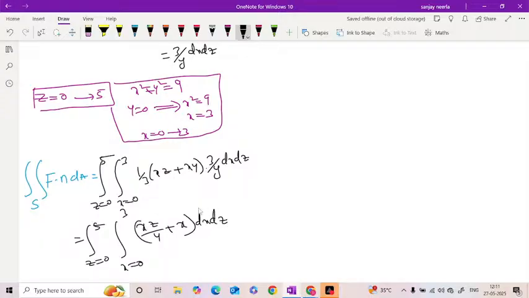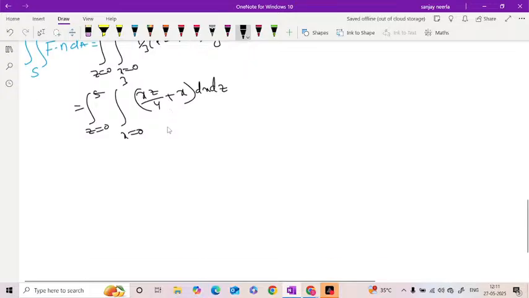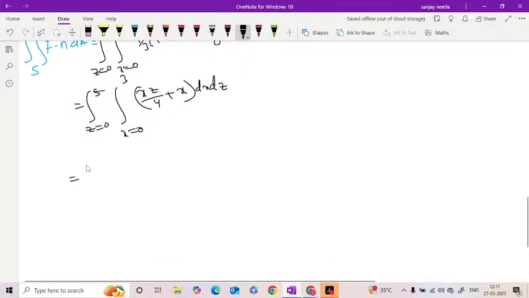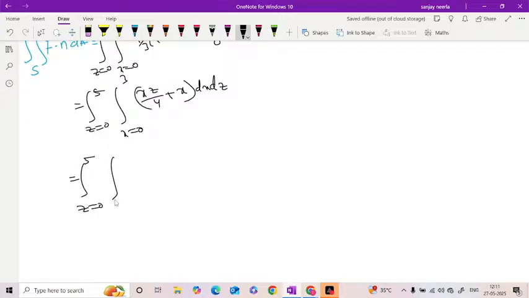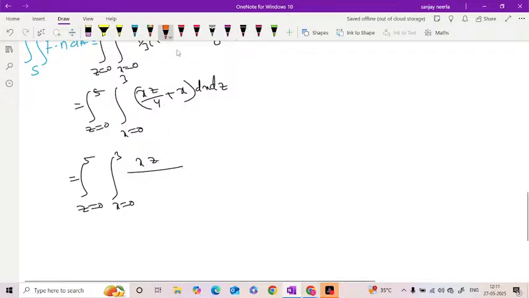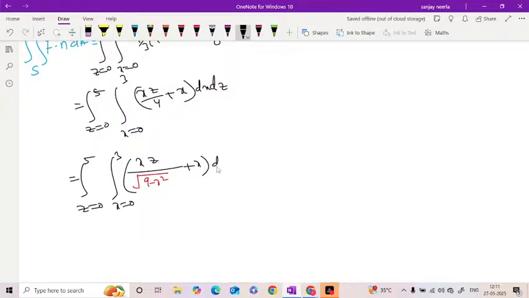But observe, the double integral is in terms of only x and z, but here there is a y variable. But in place of y, we can rewrite in terms of x, because x square plus y square is equal to 9. That means xz by under root of 9 minus x square plus x into dx into dz.